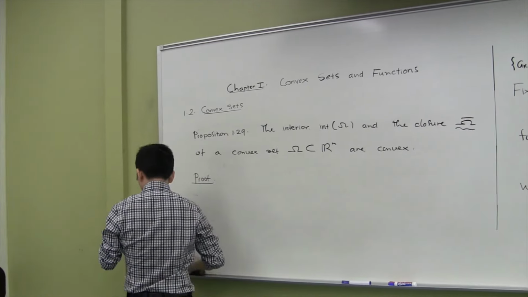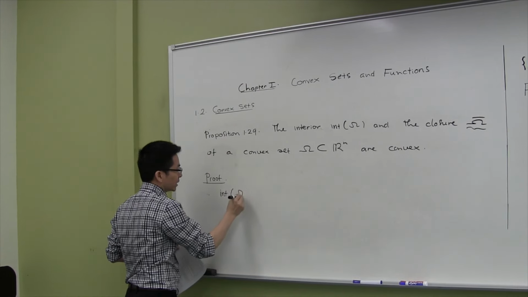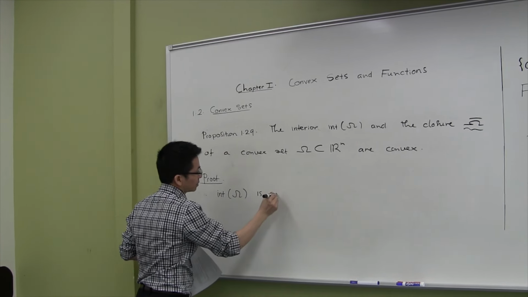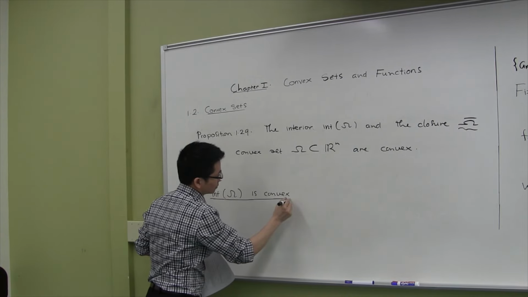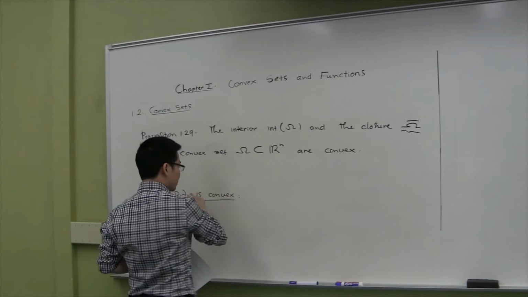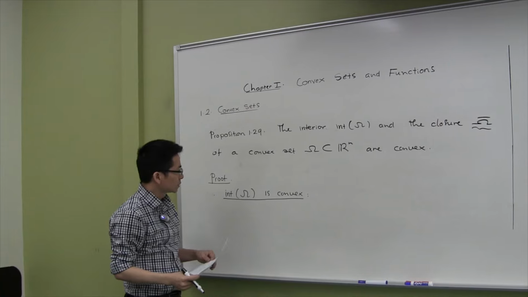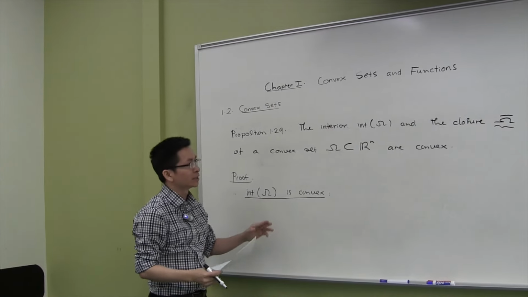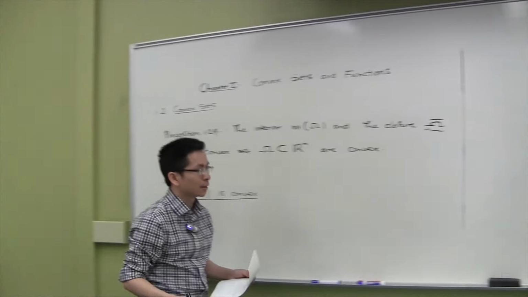In the second part, we're going to show that the interior of omega is convex. To prove this property, we need to review some properties of open sets of Rn.